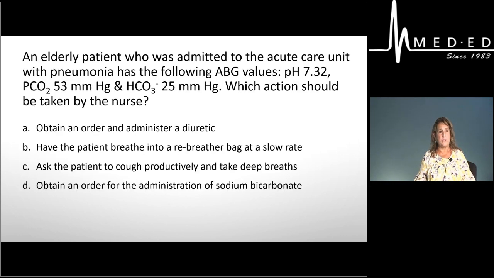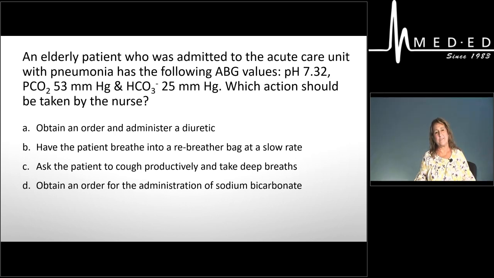An elderly patient who was admitted to the acute care unit with pneumonia has the following blood gas values: pH 7.32, PCO2 is 53, and bicarb is 25. What action should be taken by the nurse? Oops, I'm sorry, I didn't do the answers. Obtain an order and administer diuretic.